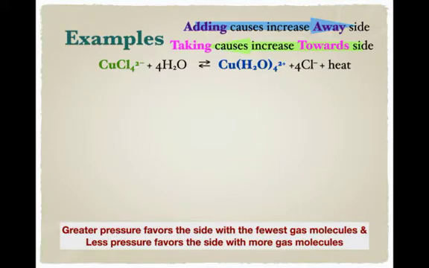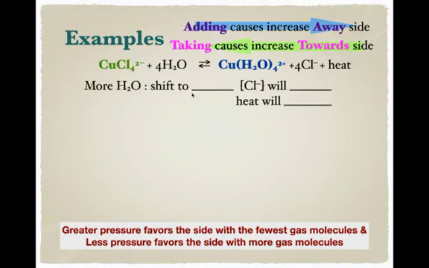Okay, so here's what you're supposed to remember. Add goes away, taking goes towards. And the questions would be, which way is it shifting, left or right, products or reactants? What will increase, what will decrease? So in my first question, H2O goes up. Which way will it shift? Shifting goes away.